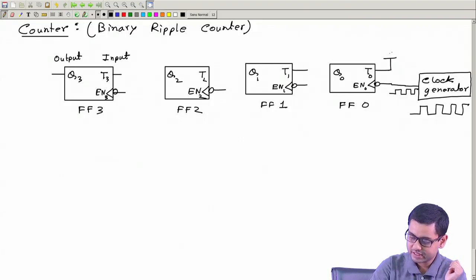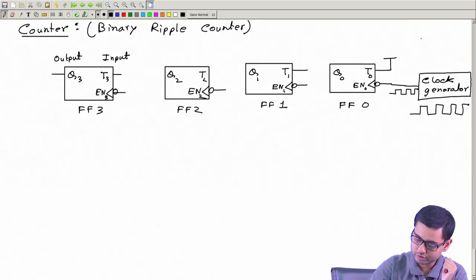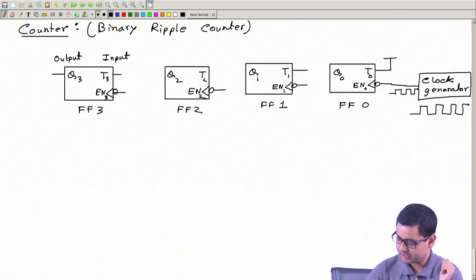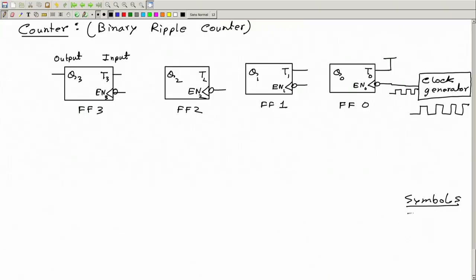Okay, so this is the symbol for logic 1. Let me write it here. You know that this symbol means ground or earth or zero potential. So often we also draw it like this.